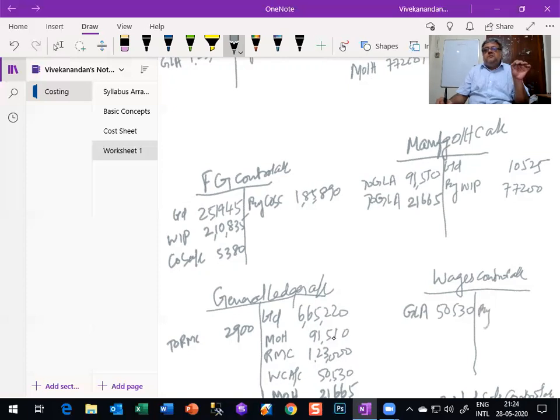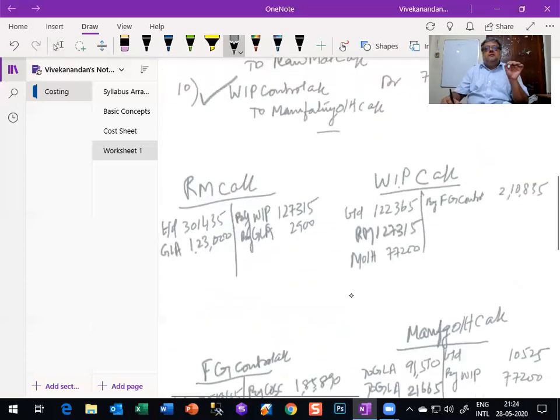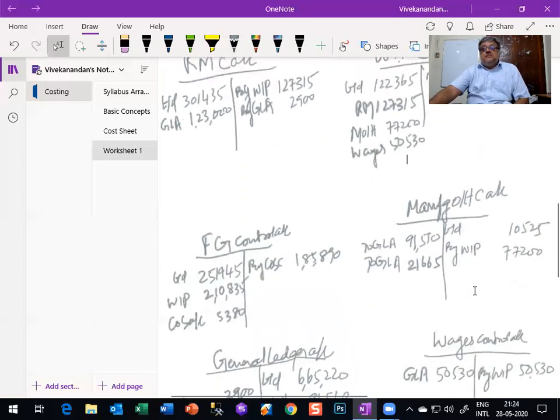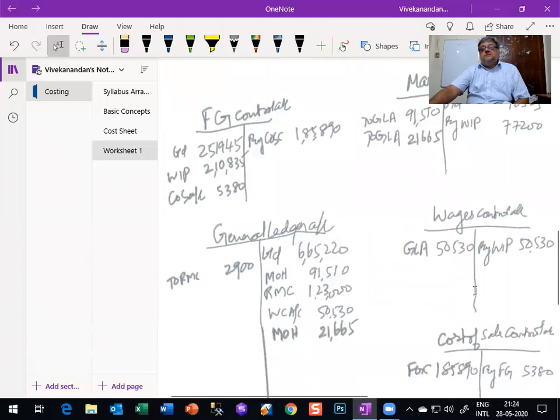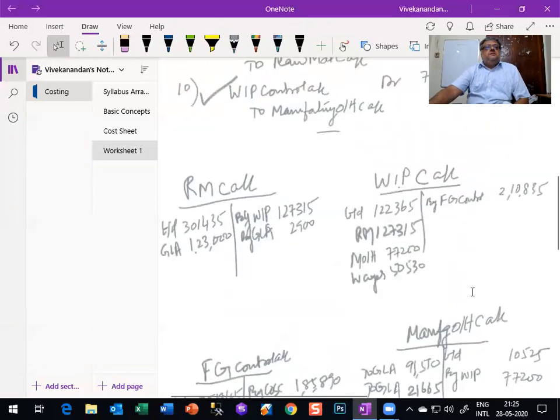So by work in progress control account, wages 50,530. This is inferred. They are not specifically provided, but obviously wages is charged to production. So this is over. Now let's start balancing each ledger.